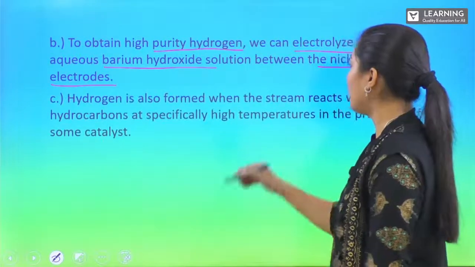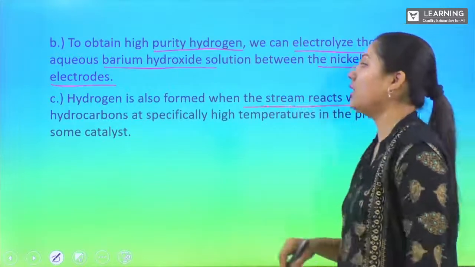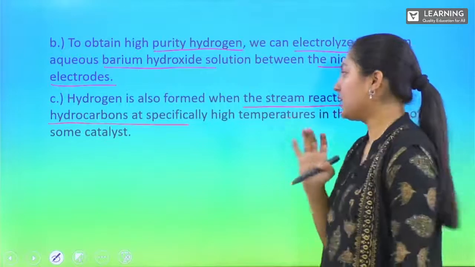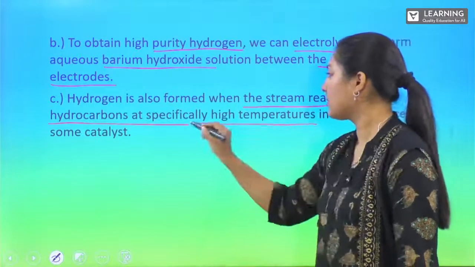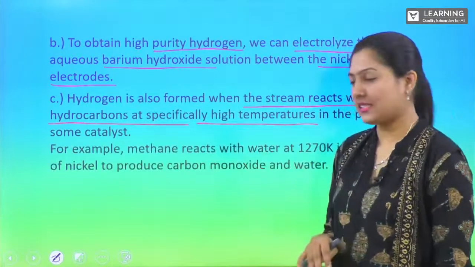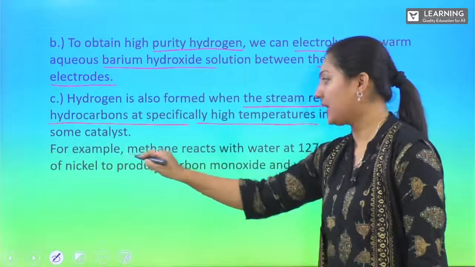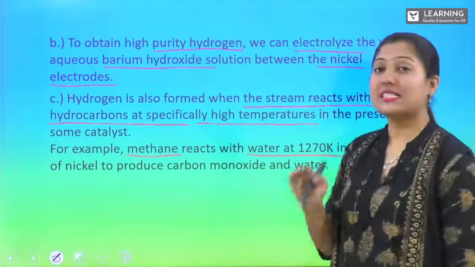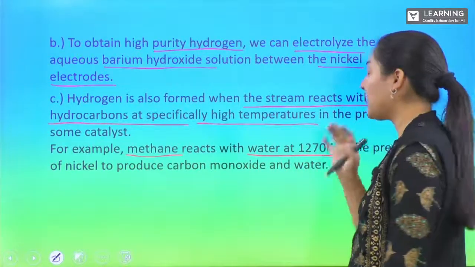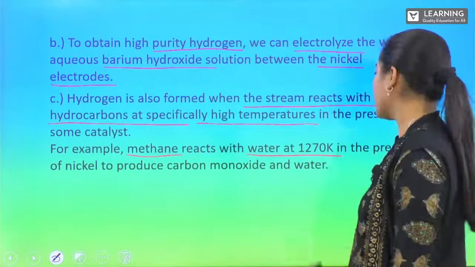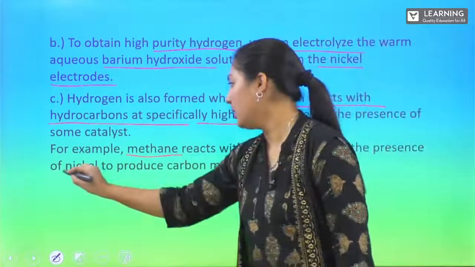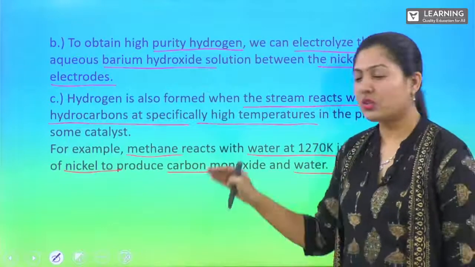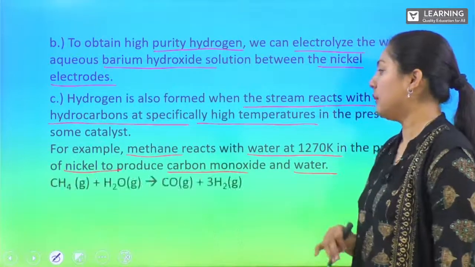Hydrogen is also formed when steam reacts with hydrocarbons at high temperatures with a catalyst. For example, when methane reacts with water at 1070 Kelvin, remember it's a very high temperature, in the presence of nickel, it produces carbon monoxide and hydrogen. This production of carbon monoxide and hydrogen is called water gas.